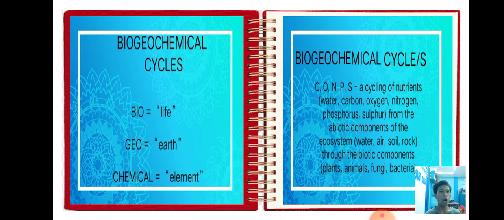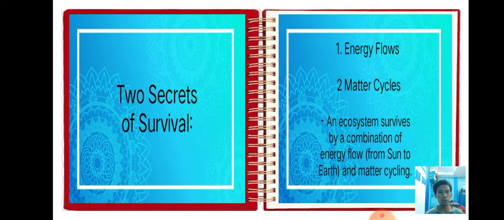The CHNOPS, which stands for carbon, oxygen, nitrogen, phosphorus, and sulfur, are cycling nutrients from the abiotic components of the ecosystem, which include water, air, soil, and rocks, through the biotic components, which include plants, animals, fungi, and bacteria.